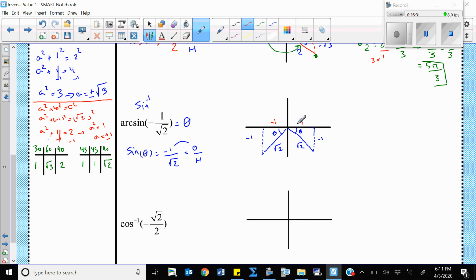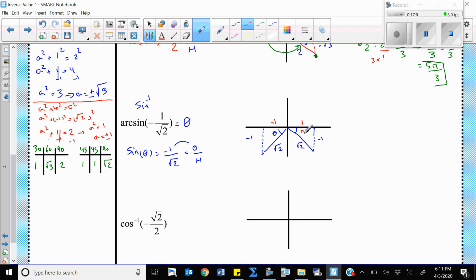Okay, now let's have a look at the ratio of the sides. Ignoring the positives and negatives, I see that they are the same as the ratios of a 45, 45, 90 triangle. That means this angle, which is opposite 1, is 45 degrees. Once again, because I'm working with radians, I'm going to change this to radians.